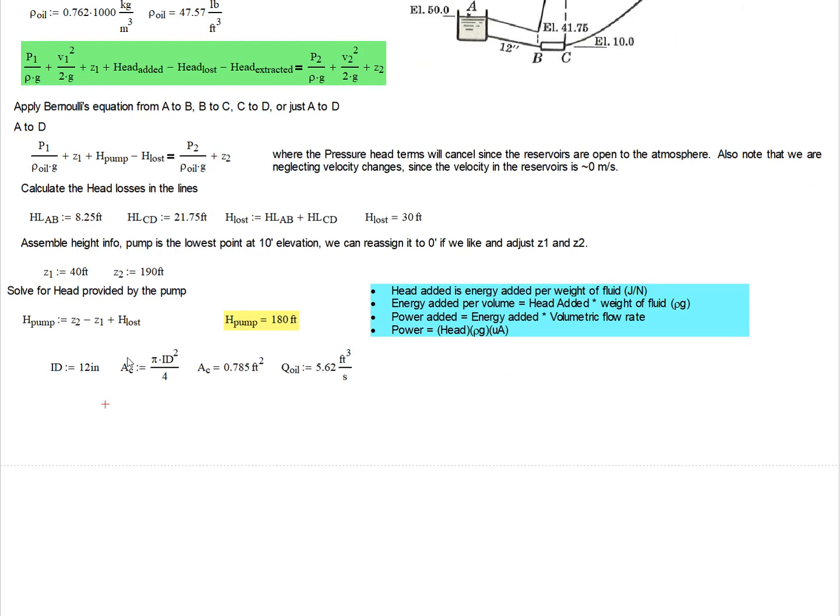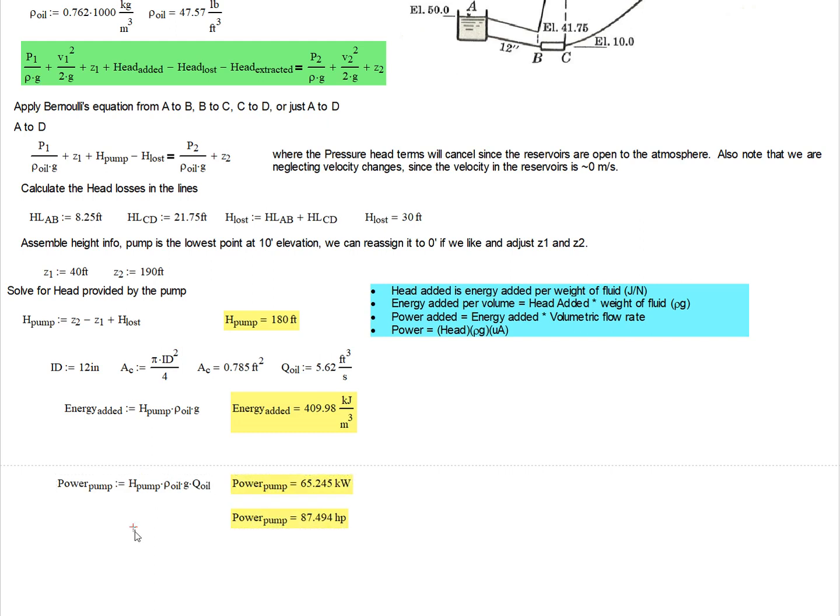So actually we didn't even really need to calculate the cross-sectional area, did we? Because we were given the volumetric flow rate. So just as an intermediate calculation, we can calculate the energy added. That's the head added times the weight of the fluid, rho g. But what we really want is the power.